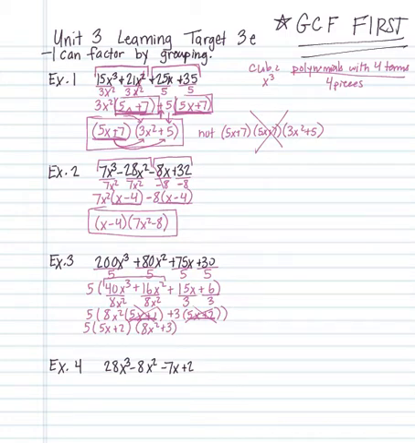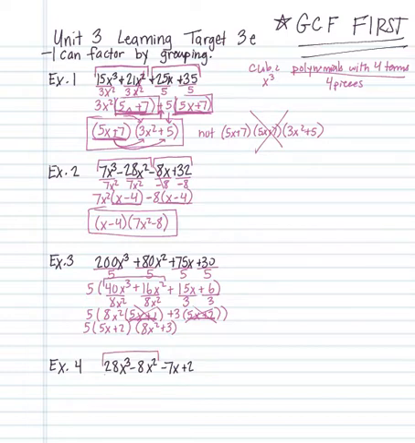Last example. 28x to the third minus 8x squared minus 7x plus 2. First thing, greatest common factor. No numbers go into all 4 of those terms. We can't take out an x, so we go straight into factoring by grouping.